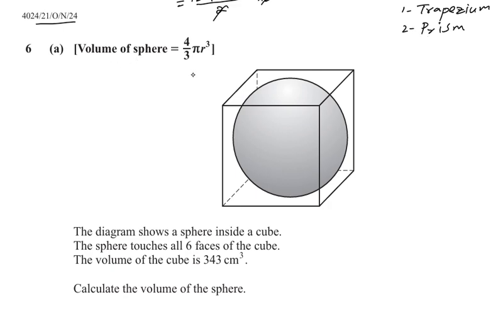So now in this question, we have a cube and a sphere in it. The question is, the diagram shows a sphere inside a cube. The sphere touches all 6 faces of the cube.